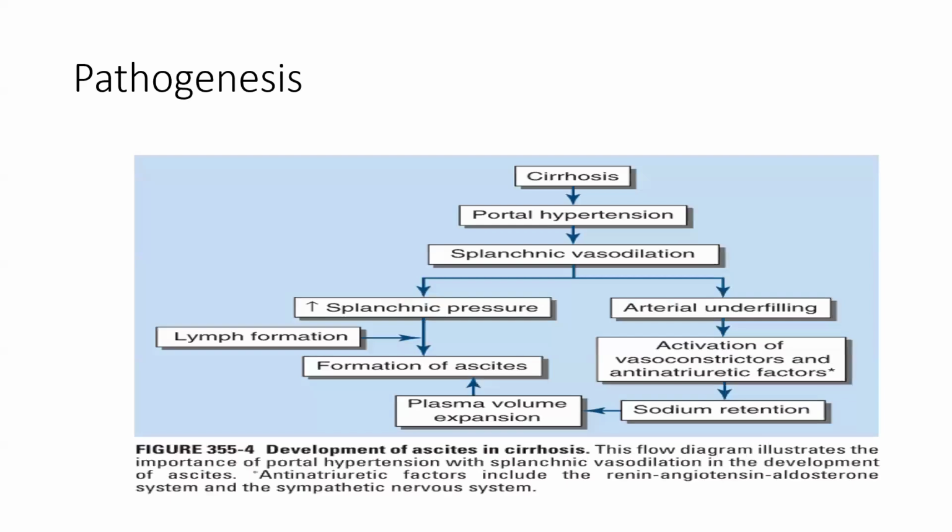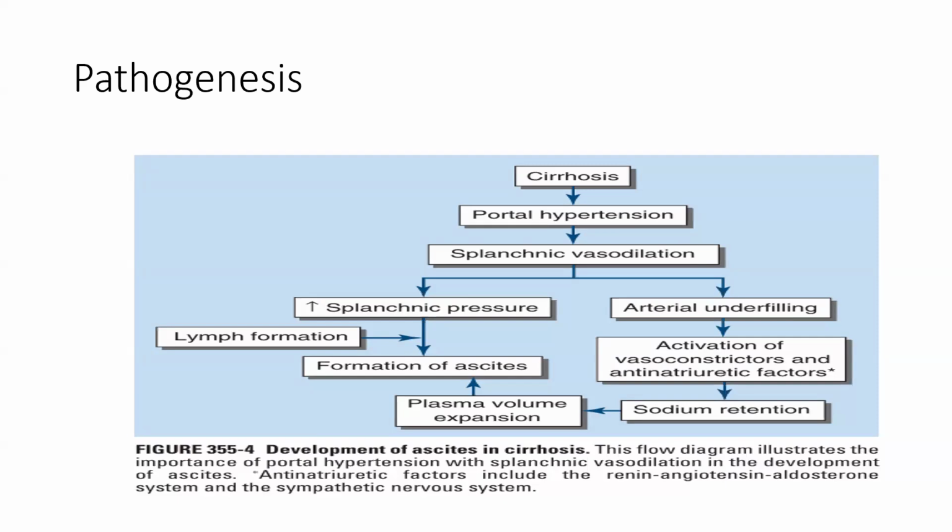Now we will see why this ascites is happening, or what the pathophysiology behind it is. As I mentioned before, in around 84% of cases of ascites, the reason is cirrhosis. Now, what exactly is happening in cirrhosis that leads to ascites? Cirrhosis leads to portal hypertension.